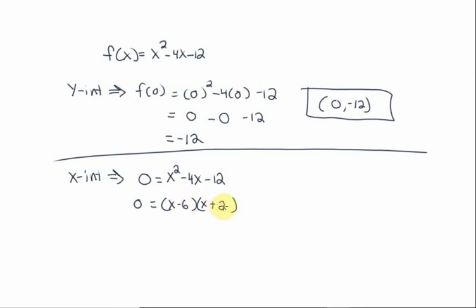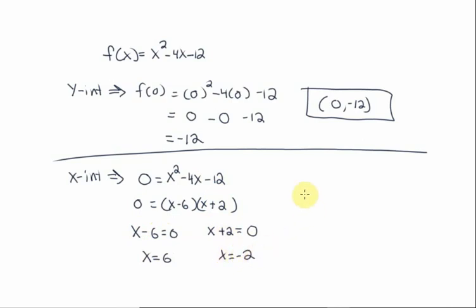Negative 6 times positive 2 is negative 12. Negative 6 plus 2 is negative 4. So yeah, this one's actually pretty easy. I have 2 real number intercepts. I add the 6 over, so x equals 6. Subtract the 2 over, so x equals negative 2.